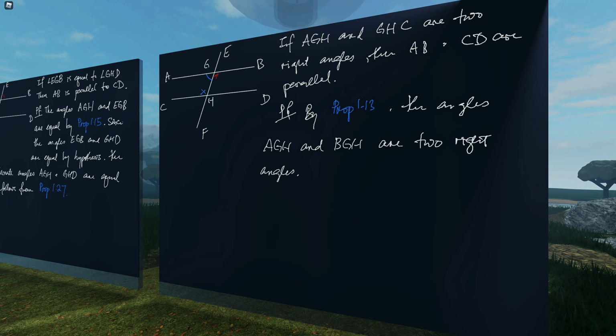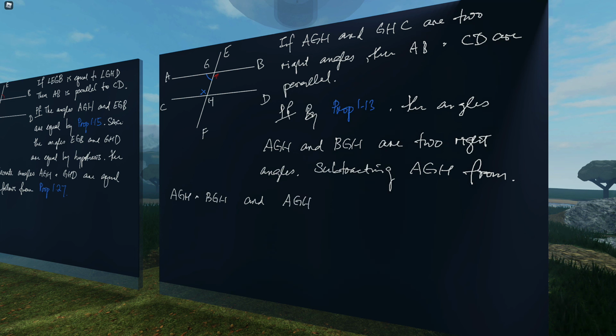Right, so now subtracting AGH from AGH and BGH, and I guess I'm using "and" like three times, but hopefully you get what I mean.